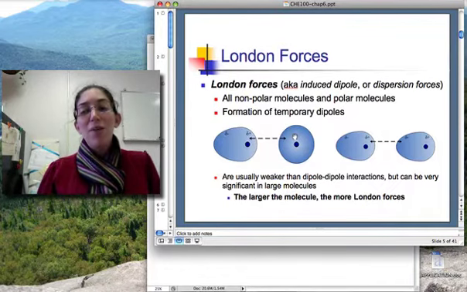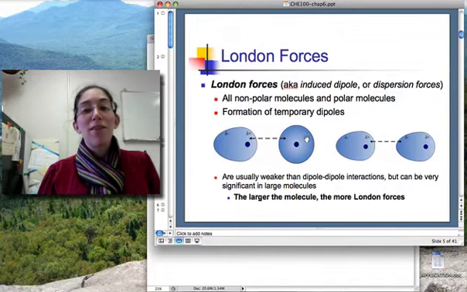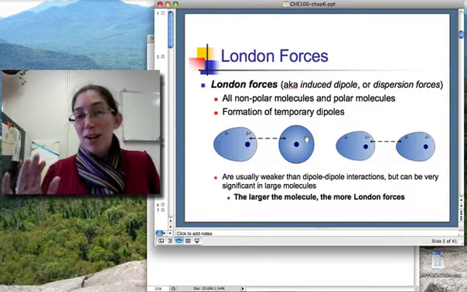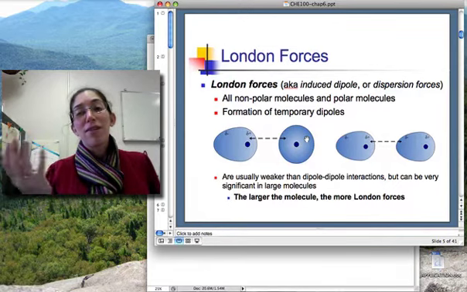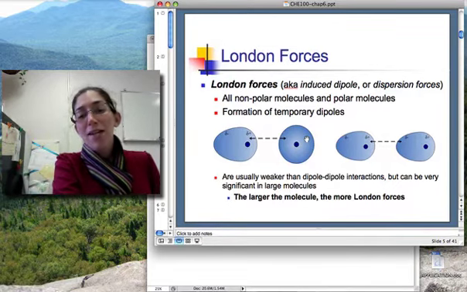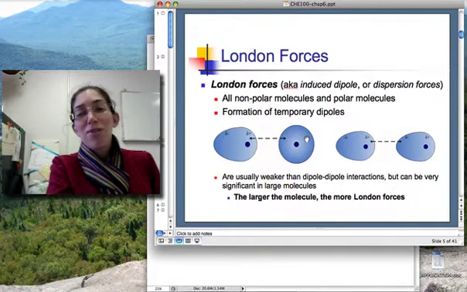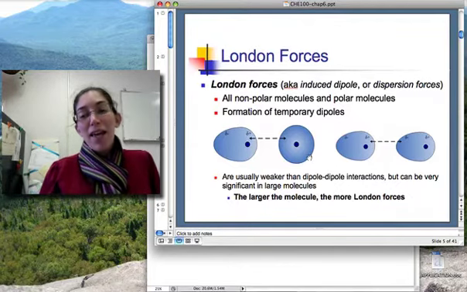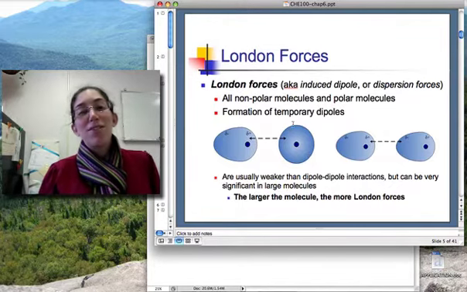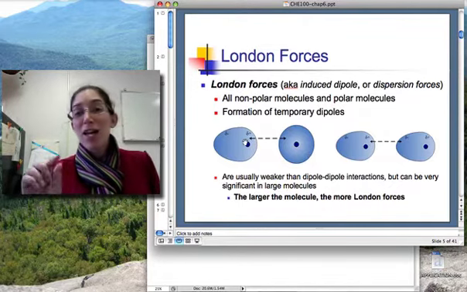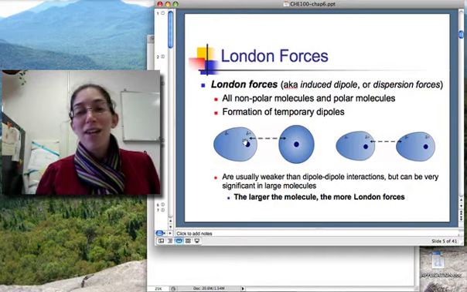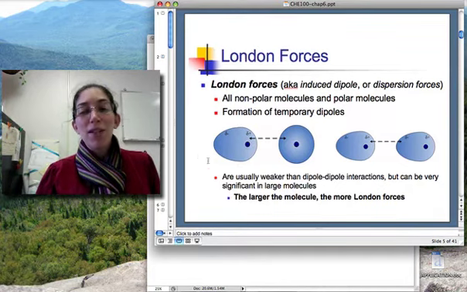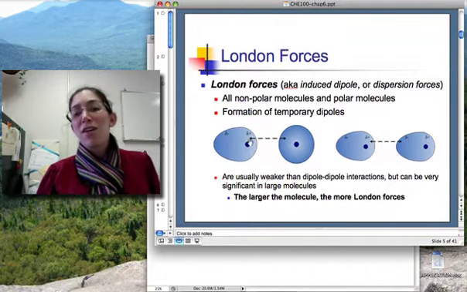Remember, we talked about electrons orbiting in different shells, but really, in honesty, they fly around in this cloud. You have all these electrons flying around in this cloud, and they don't always fly around in an even distribution. Sometimes, for a split second here and there, you might have more electrons on one side of the cloud than you do on the other.